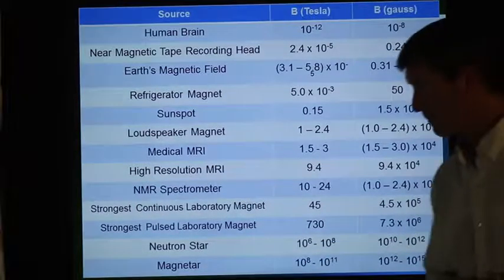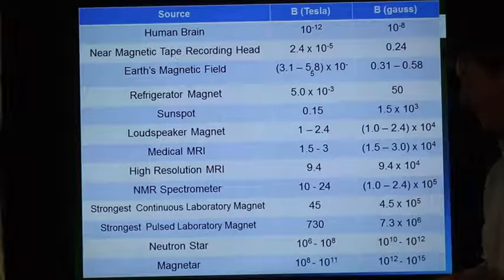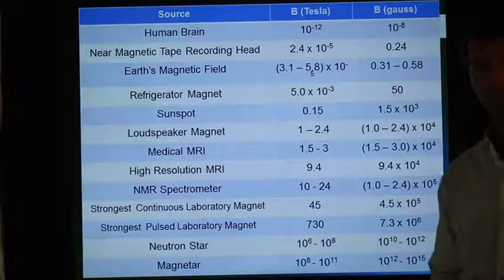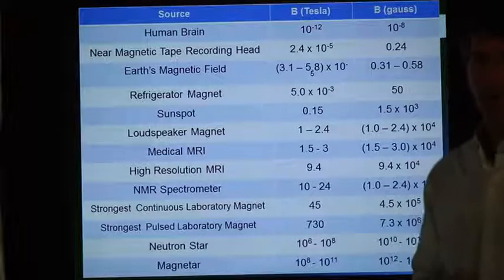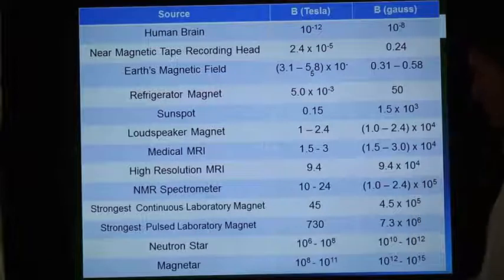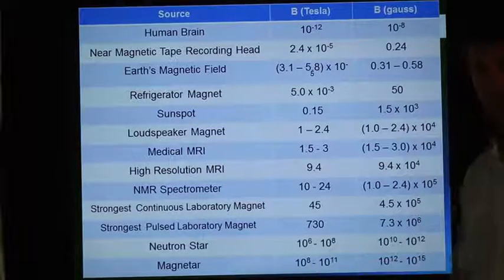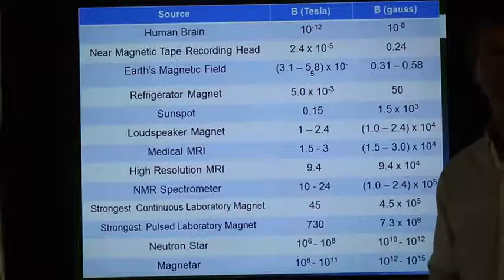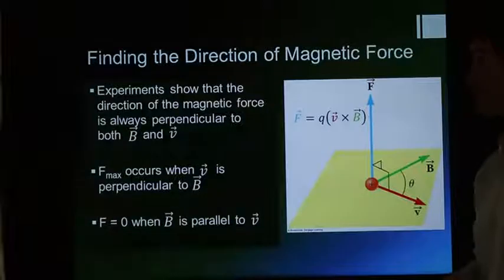Neutron stars have some of the strongest magnetic fields, about 1 million to about 1/10 of a billion Tesla, and magnetars, which are extremely strong neutron stars, are even stronger than that, up to 1/10 of a trillion Teslas.